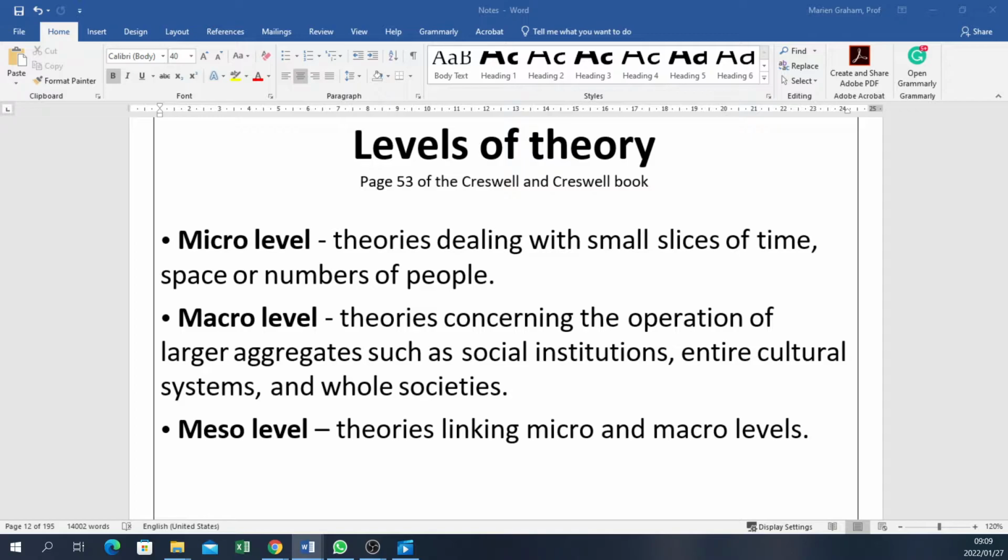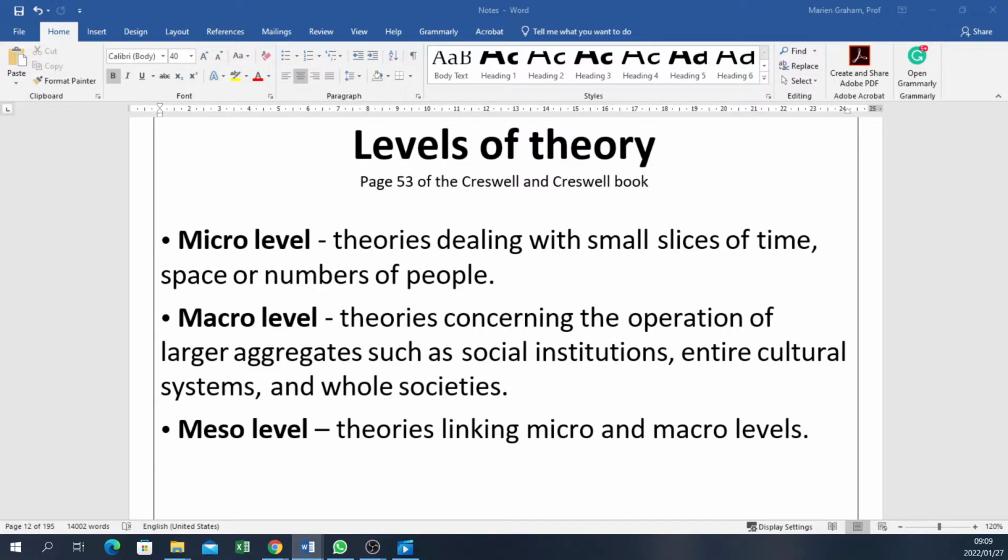So, for example, with support on micro level, your study might be looking at teacher training and development for teachers. If it's teachers or school administrators, that would be a micro level study.